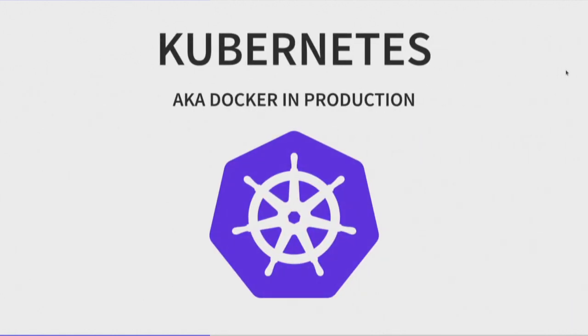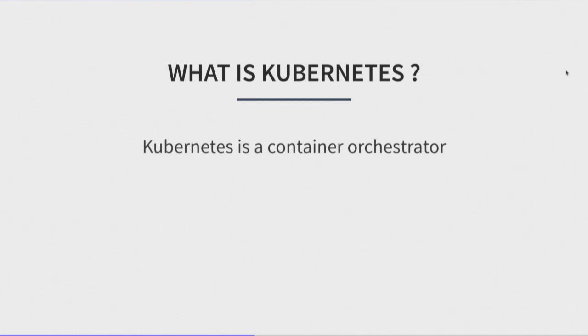So, a small intro on Kubernetes, which, as I think all of you know, is today almost the de facto way to run Docker in production. What is Kubernetes? Kubernetes is a container orchestrator, which means it can schedule containers on multiple hosts.